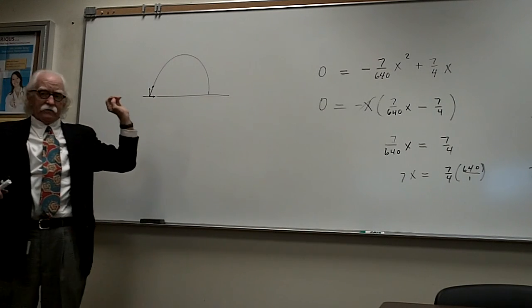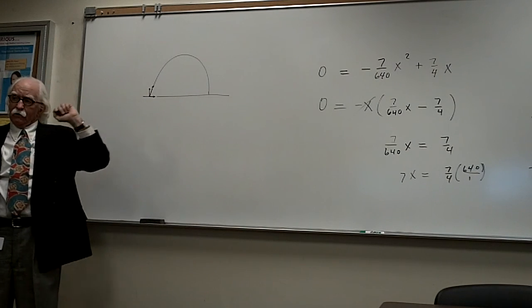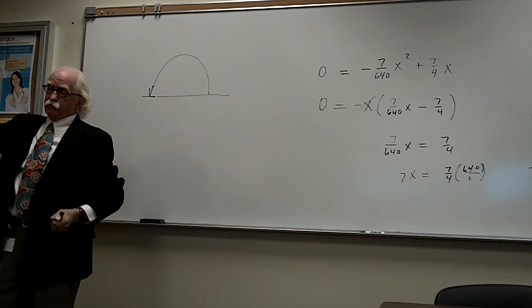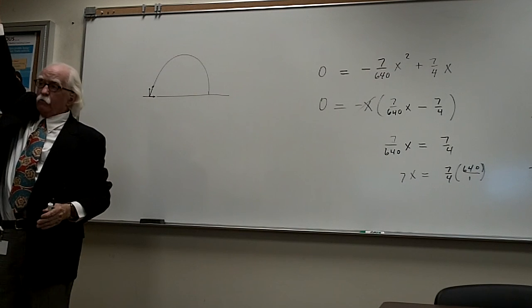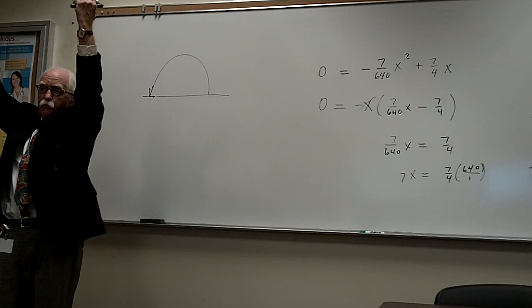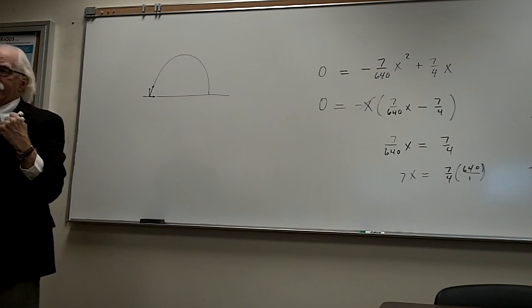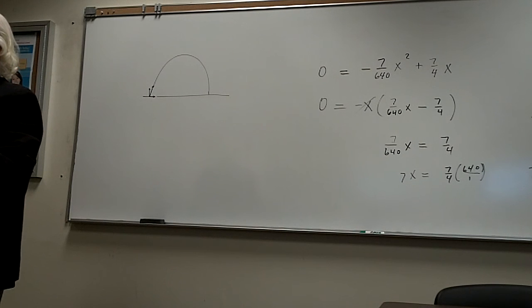It actually has a horizontal motion and a vertical motion. But when you start discussing this vertical motion, you have to take into consideration that it's being pulled back this way by a gravitational pull.